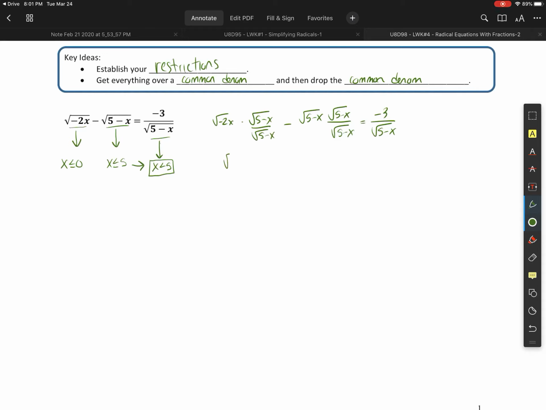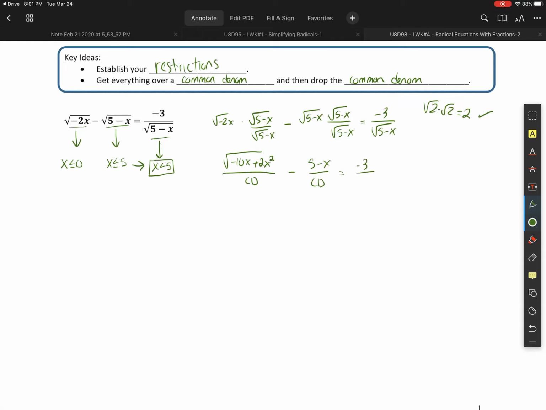So I have here rad -10x plus 2x squared over my common denominator minus, well, we all know things like rad 2 times rad 2 is 2. So the same rule applies here. Rad 5 minus x times rad 5 minus x is 5 minus x over our common denominator.